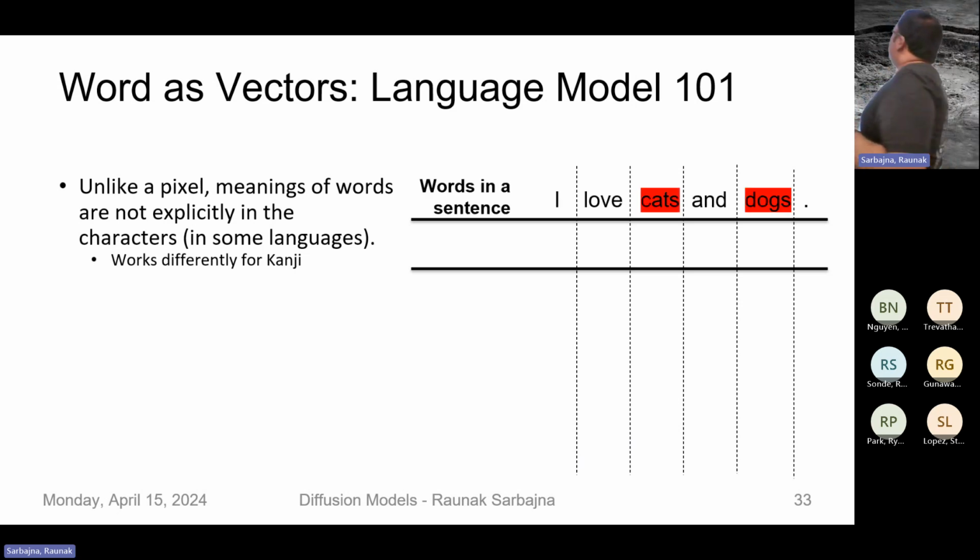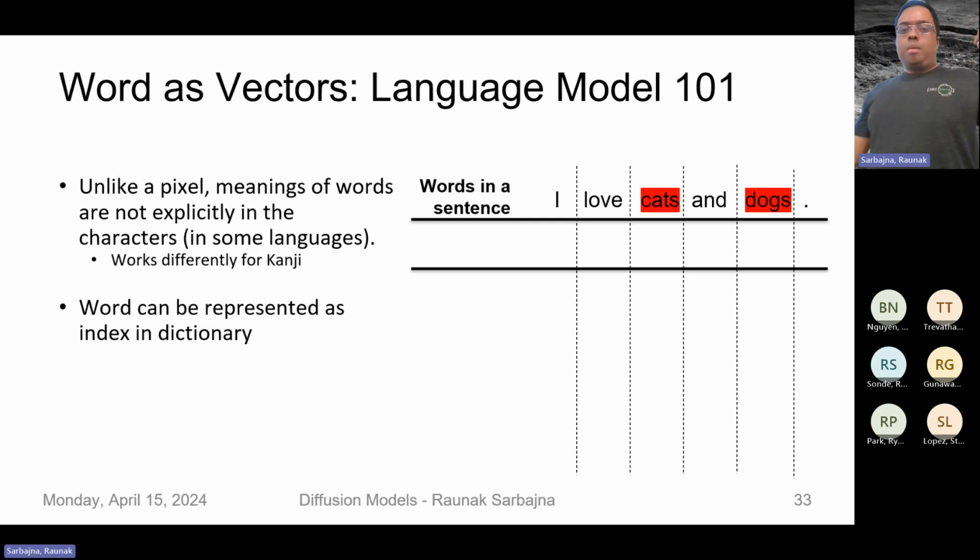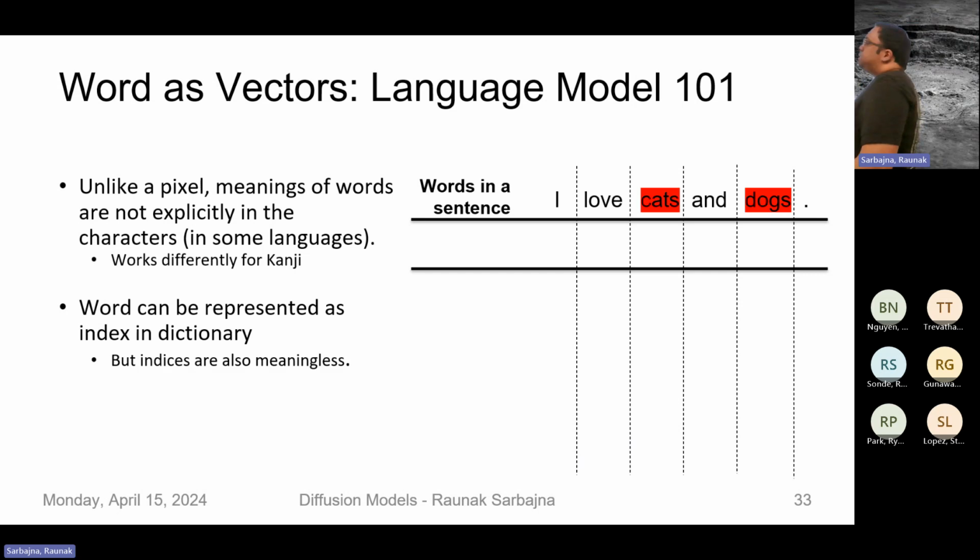So this is a word in a sentence. You semantically separate it: you love cats and dogs. The words that you're interested in are cats and dogs because that's what you want to generate. These words can be represented as indexes in a dictionary, right? But the problem is, even if you represent them as indices in a dictionary, those indices are meaningless.